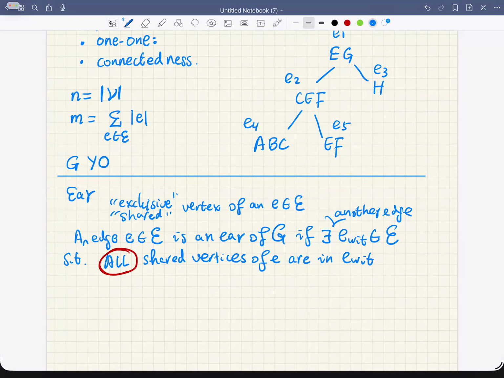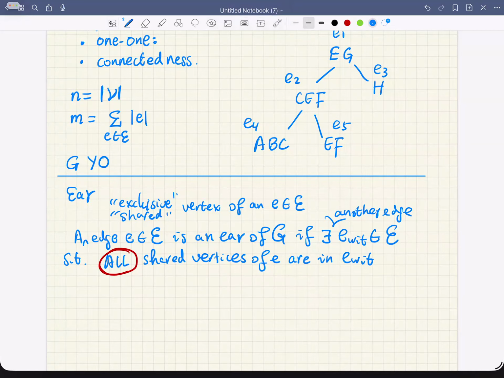All right, now let's play with it. Think about E4. E4 is an ear. You know what? There is actually a special case.